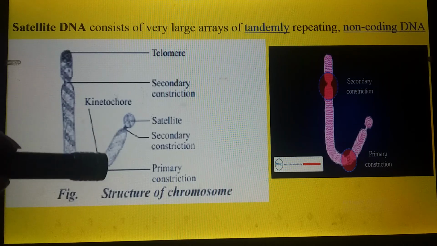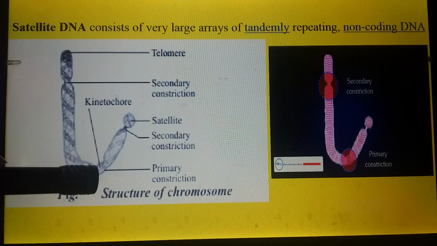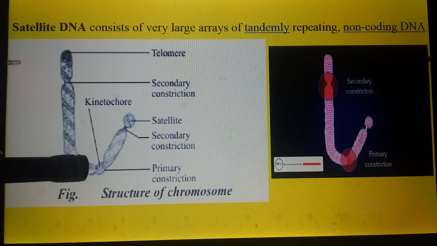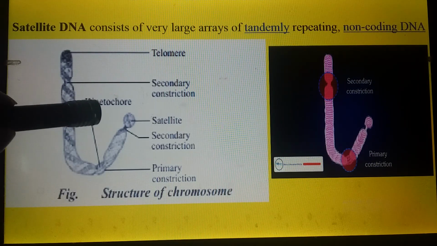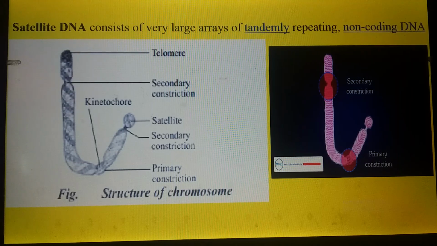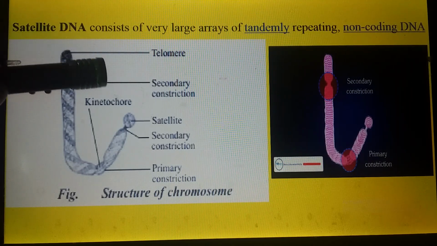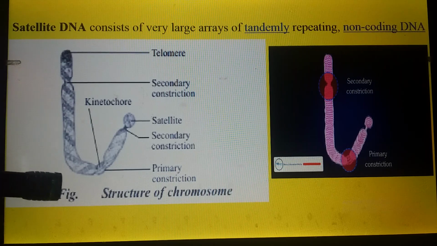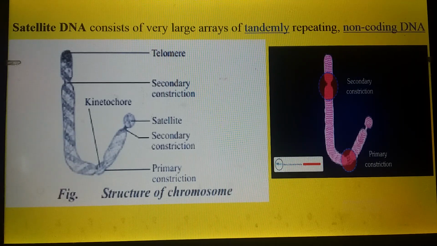So this primary constriction is known as the centromere, and at the top of the centromere there is a protein plate which is known as kinetochore. You can see here, kinetochore. A protein plate is present on the surface of the primary constriction or centromere, and that plate is known as kinetochore.